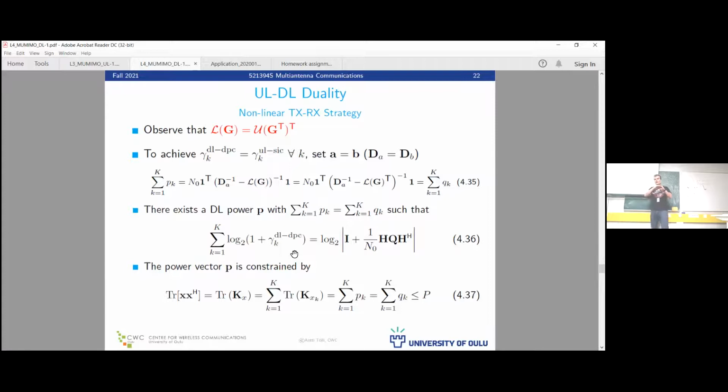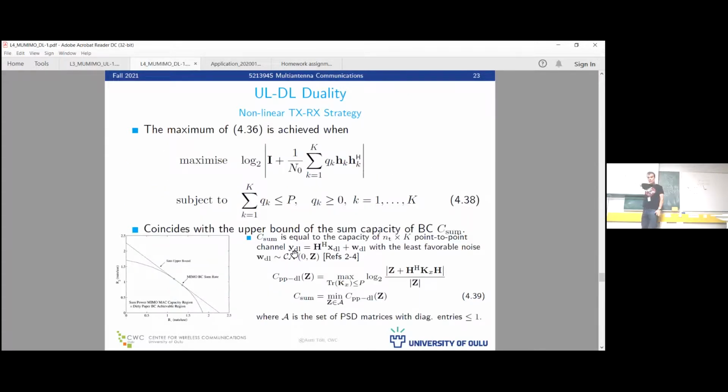That would be a sum of concave functions in the weighted sum rate, well, just one concave function in the sum rate case. So the downlink we cannot solve directly, but we can solve the dual uplink, based on which we can find an optimal downlink scheme.